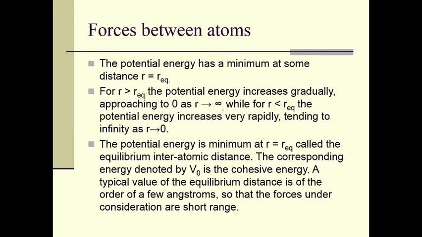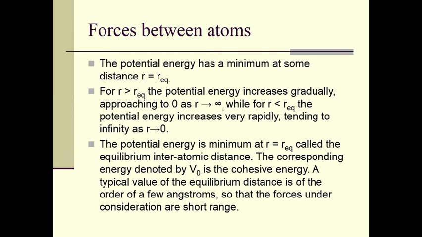The potential energy is minimum at the point R equal to R equilibrium, which is called the equilibrium interatomic distance. The corresponding energy denoted by V0 is the cohesive energy. So V0 is called the cohesive energy.